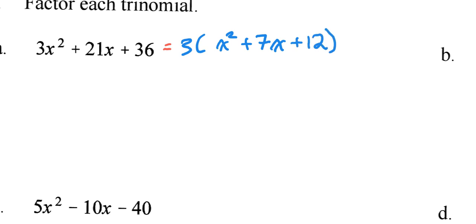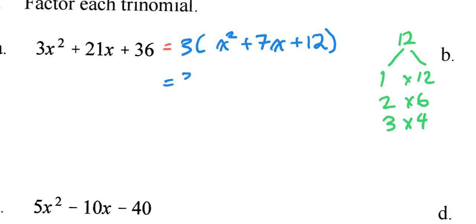So now we need two numbers that multiply to 12. So let's split up 12. And those are all the possibilities for multiplying 12, because if you notice here, we have a quadratic that can be factored. So assume that all of your quadratics will be factored. So we have an x and we have an x as our final bracketed bit for this part here.